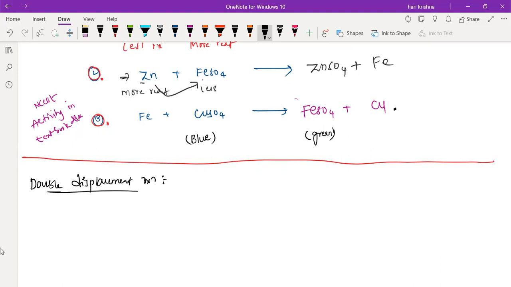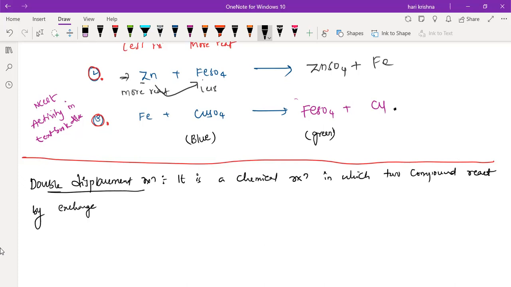Yes, sir. So it is a chemical reaction in which two compounds react by exchange of ions to form two more new compounds.